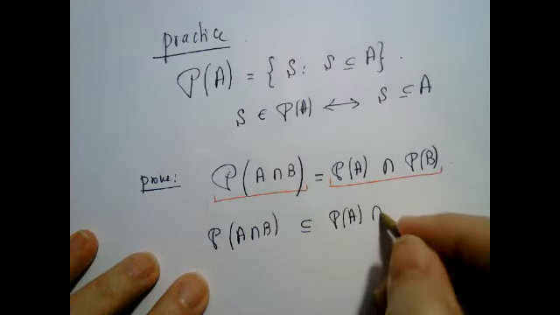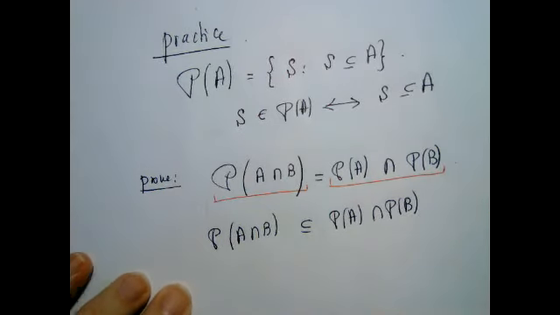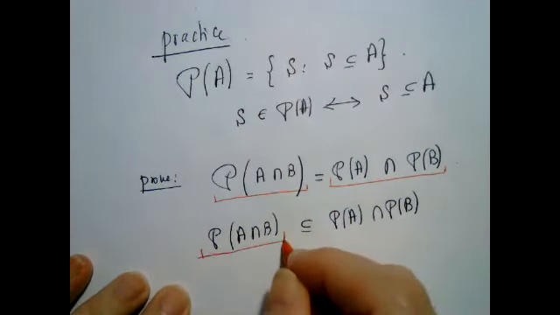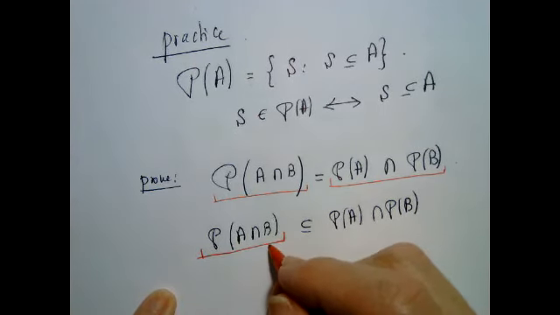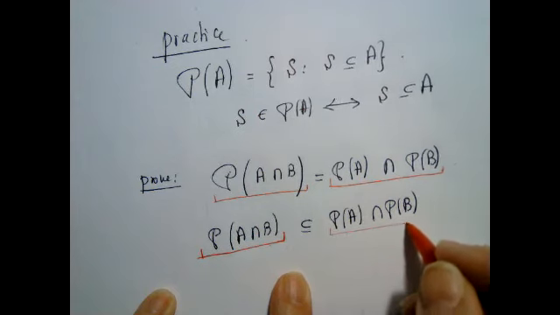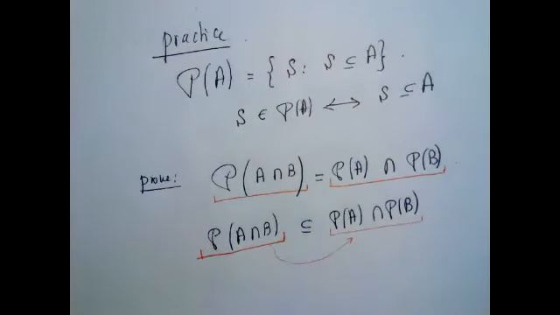My logic will not change at all. We'll do exactly the same idea. I'm going to start with an element in here, and you have to convince me that this element is right there. So the logic is the same, but now we can take other sets. So let's do this inclusion.